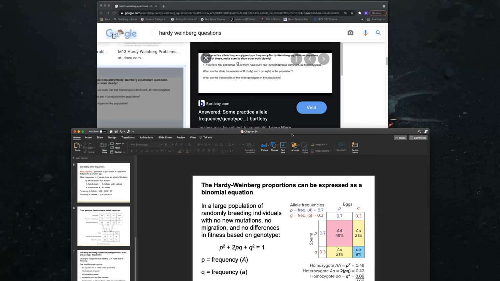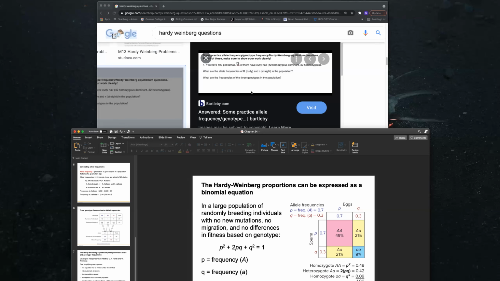So that's the hard part about Hardy-Weinberg. That's why they still ask it on the MCAT, because people have a hard time knowing whether to use P plus Q or P squared plus 2PQ plus Q squared. So they're telling you that 42 homozygous dominant will be the P squared, and 32 heterozygous would be the 2PQ, right? Since they're only giving us numbers, we have to use percentages, so we'll have to do some math, but this is just for the concept.